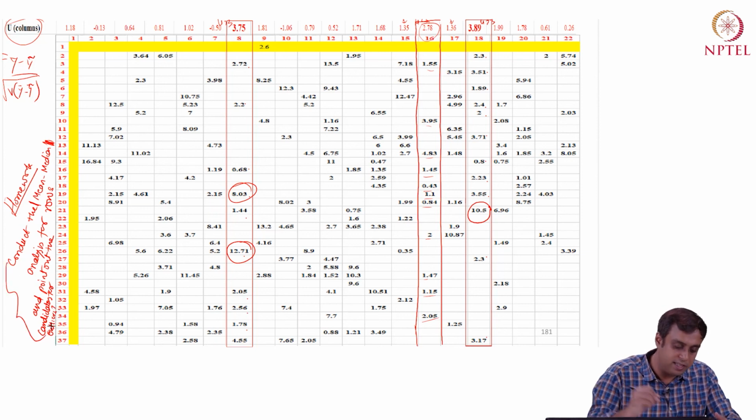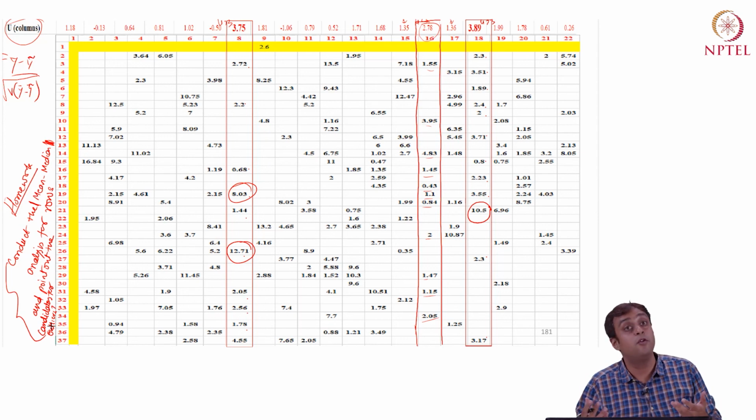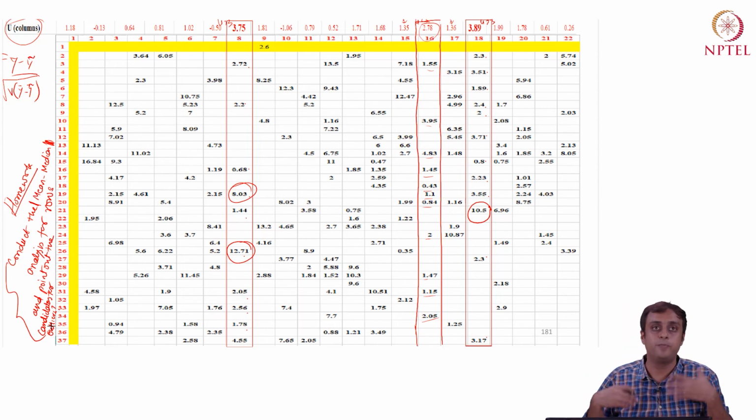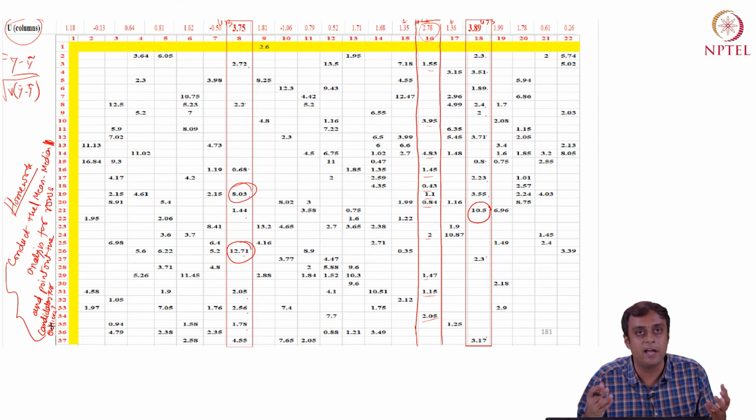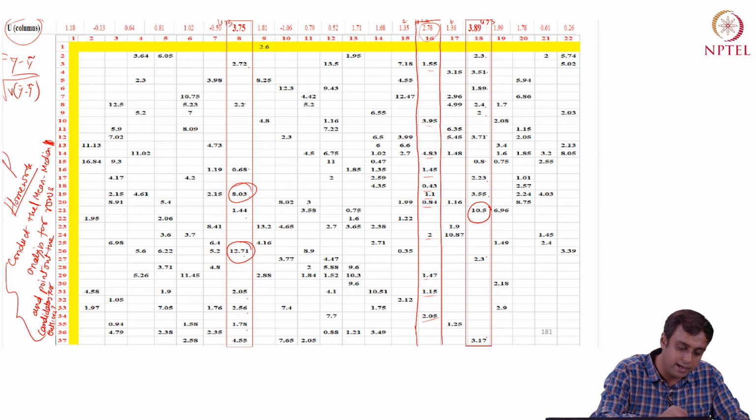Obviously this is not going to be a graded homework, but it is very important for you to practice. You have the data in front of you on the screen, you have the methodology, just apply it for practice. This is practice.